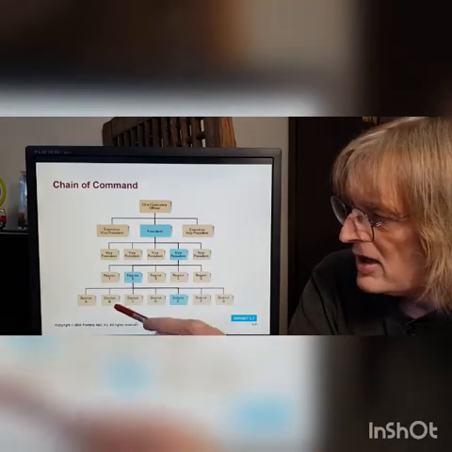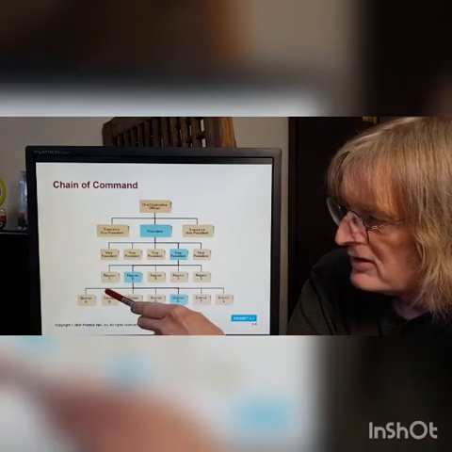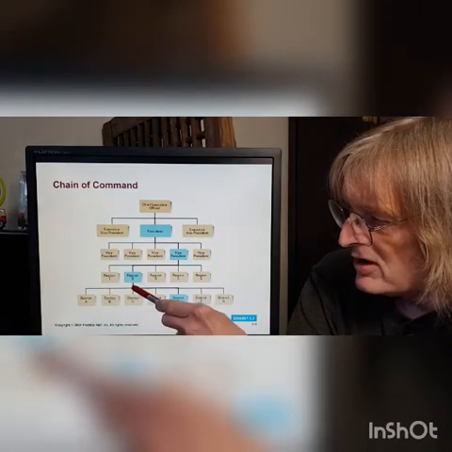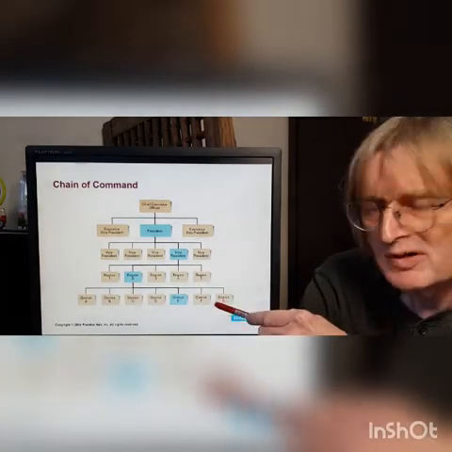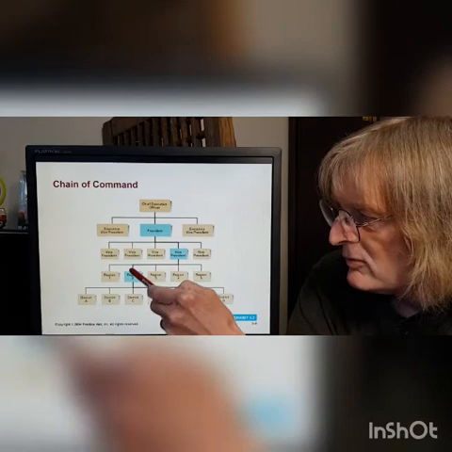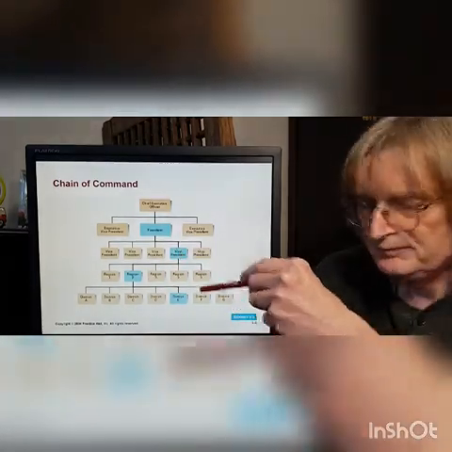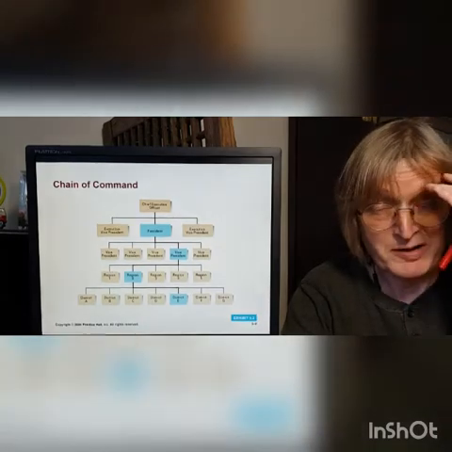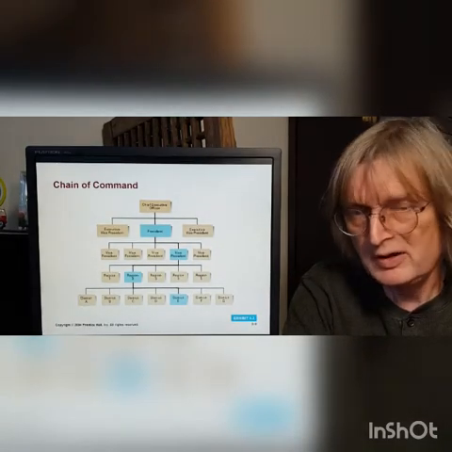Okay? So everybody has a line or a chain of command. So here this person goes up through here. As you can see, this person is in charge of all these people. So all of them follow the same line of command or chain of command up through there. Okay? So that's what we call chain of command, the official route through which you should report.